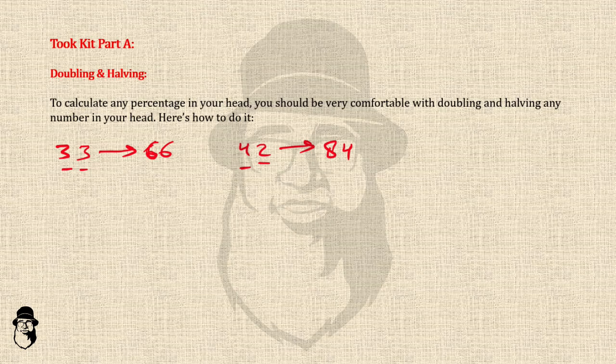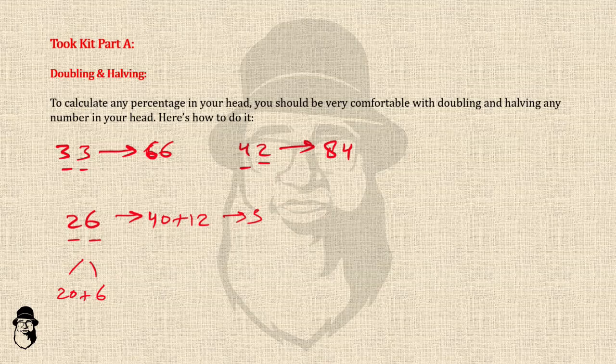And when we want to double, let's say 26, instead of doubling 2 and 6 separately, because doubling 6 will give us a 2-digit answer, let's break this 26 into 20 and 6 in our mind. Double of 20 is 40 and double of 6 is 12.